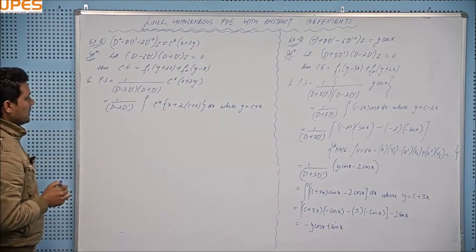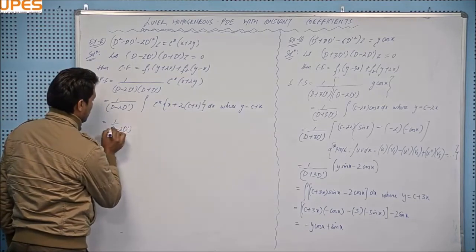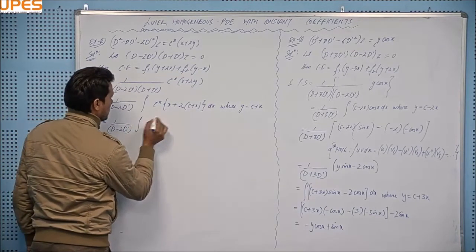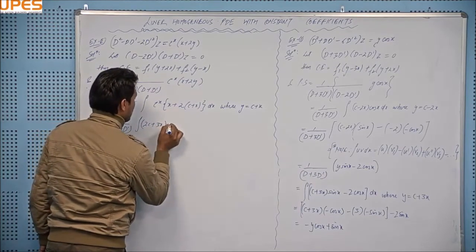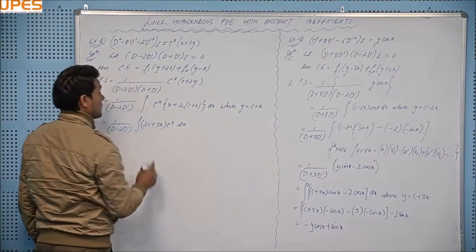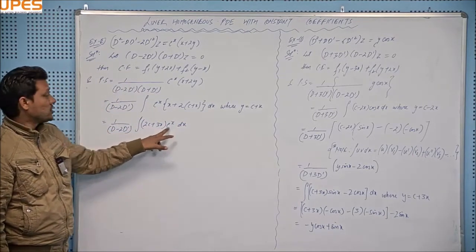Should I simplify it first? It will be 2c plus 3x, and then e to the power x dx. Remember that this is u, this is v.